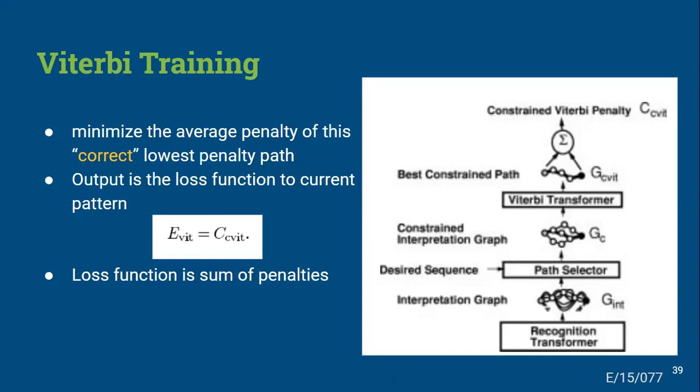It is inserted between the interpretation graph and the Viterbi transformer. This transformer takes the interpretation graph and the desired label sequence as input, and extracts from the interpretation graph those paths that contain the correct label sequence, and its output graph is called the constrained interpretation graph.